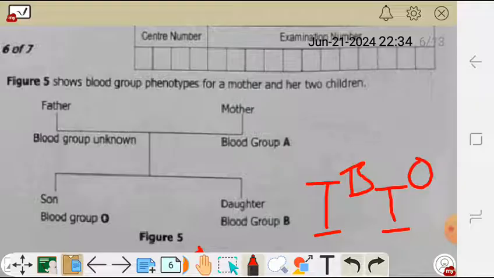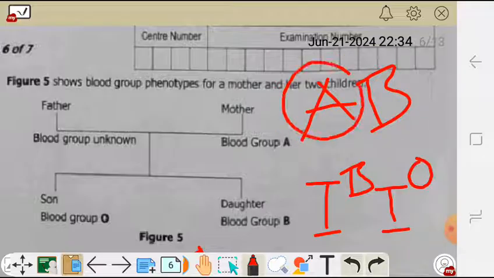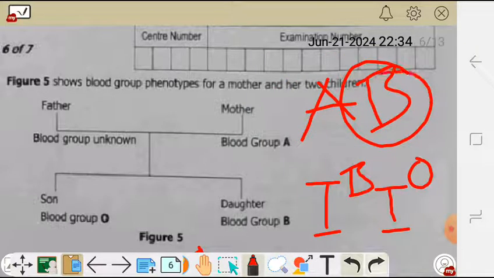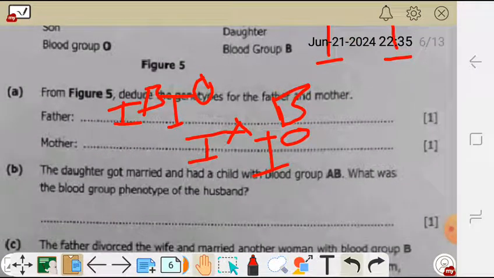Now they are saying she got married and they had a child with blood group AB. For you to have blood group AB, you need to carry both genes, the gene for A and the gene for B. That's when you can have blood group AB. So what is the possible blood group phenotype of the husband?